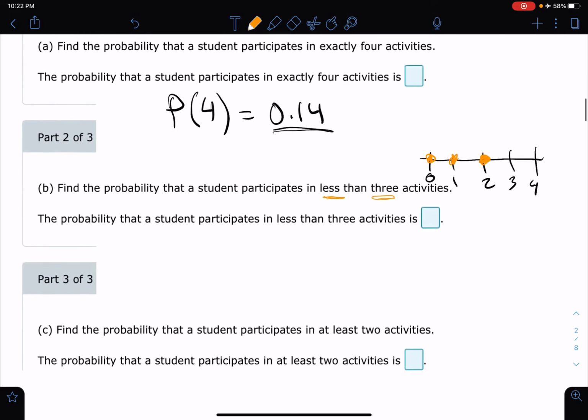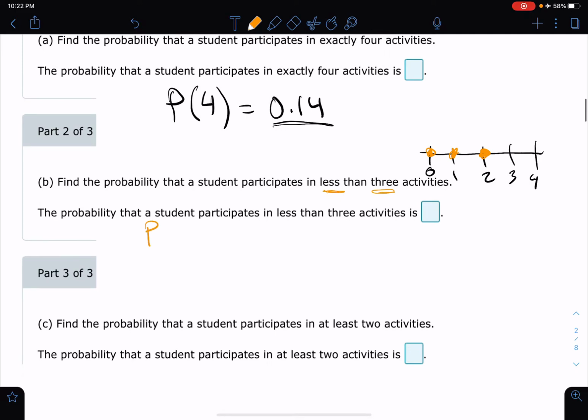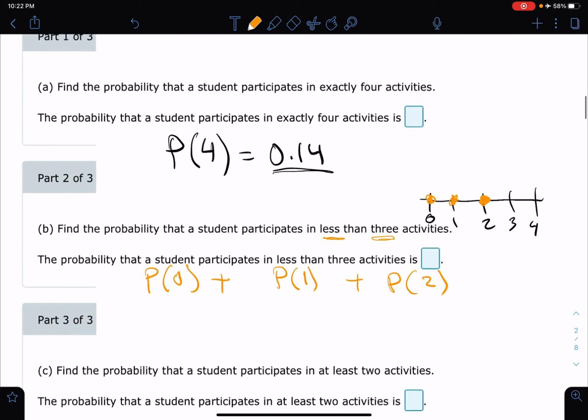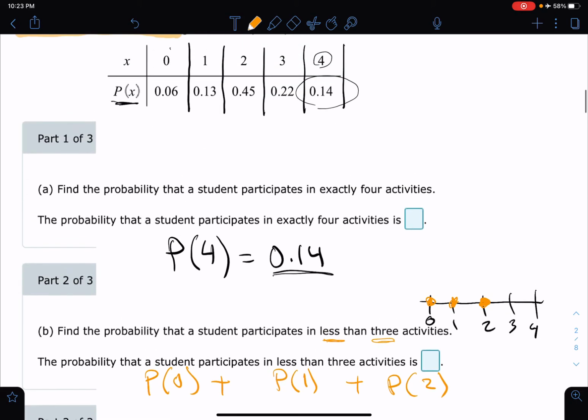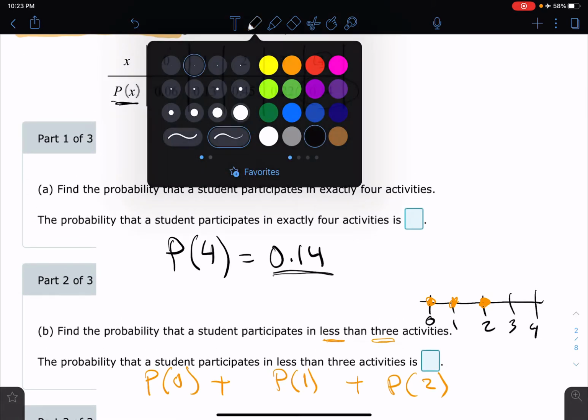So this means what we're looking for is the probability of exactly 0 plus the probability of exactly 1 plus the probability of exactly 2. And that is noted up here, right?